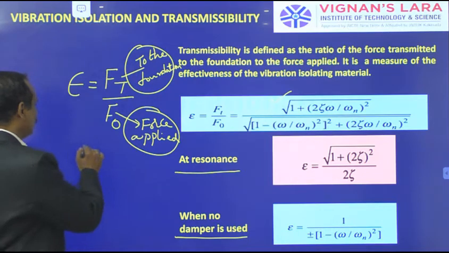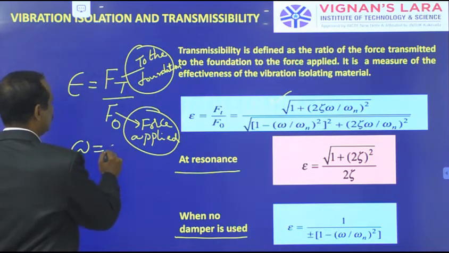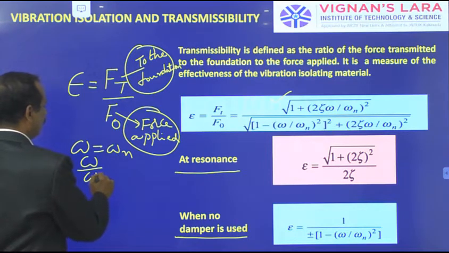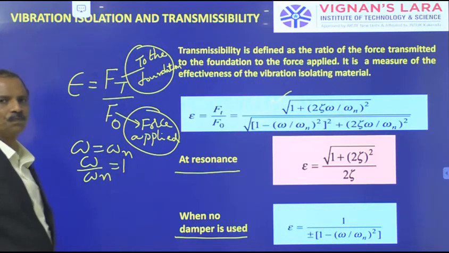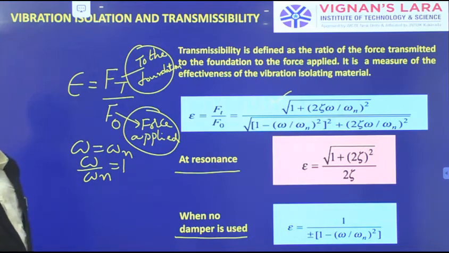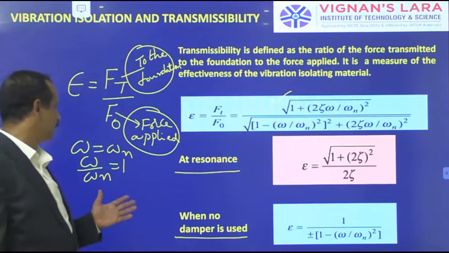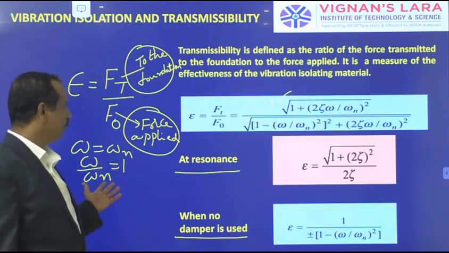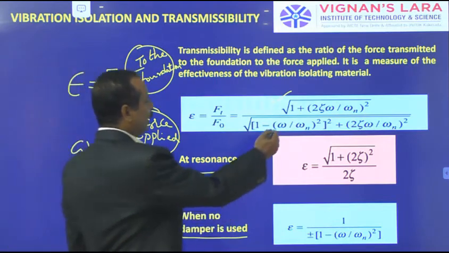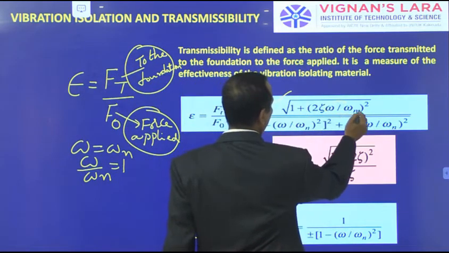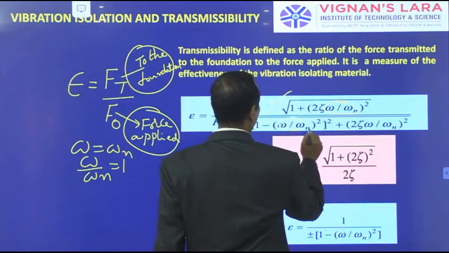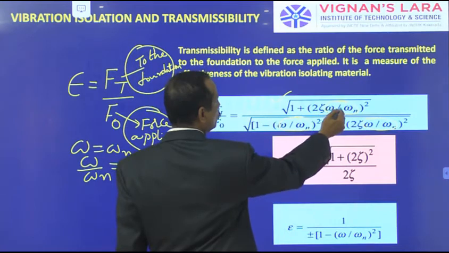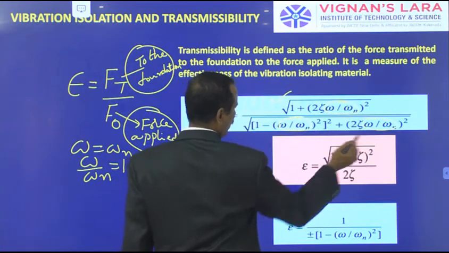What is resonance? When your external frequency matches your natural frequency, or omega by omega n is equal to 1. This is what we call the resonance case. Wherever the omega by omega n term is there, you replace it with 1. So the numerator is 1 plus (2 zeta into 1) whole square.